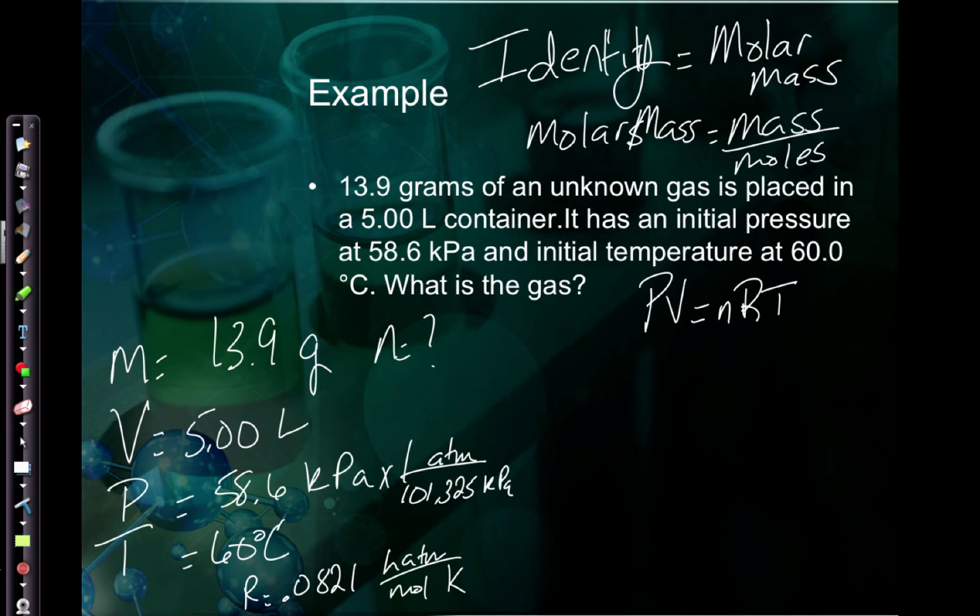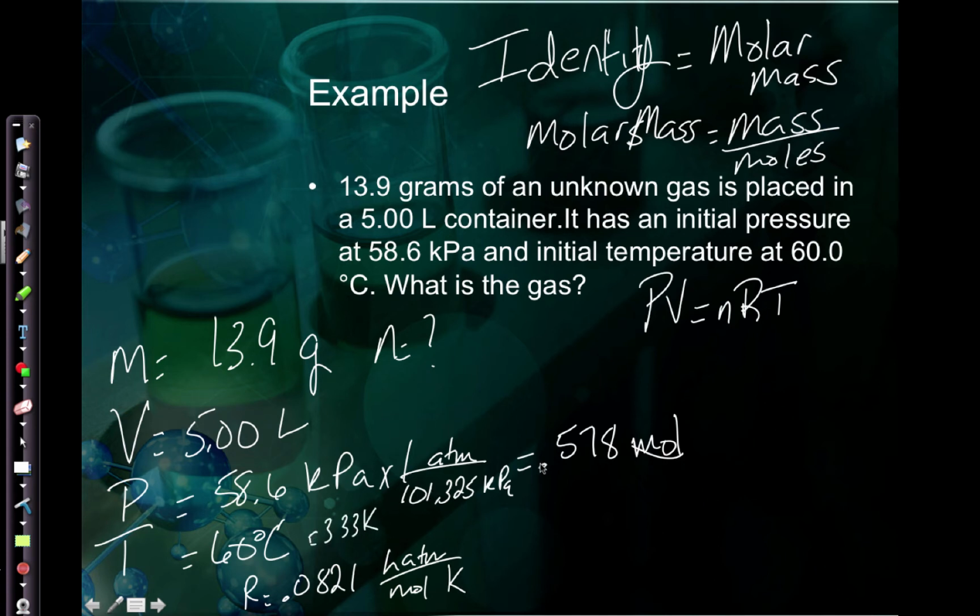If I do the math really quick, dividing by 101.325, I'm going to get 0.578 atm. Now I need to get my temperature in Kelvin, so plus 273, that's 333 Kelvin.